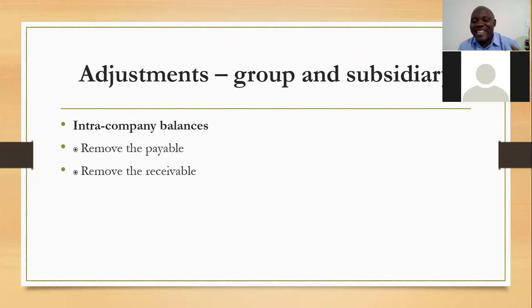And in the subsidiary, we're going to remove the same component under receivables, which the parent company owes. So it is just a logical adjustment that we do even in our day-to-day lives in our homes with our couples.